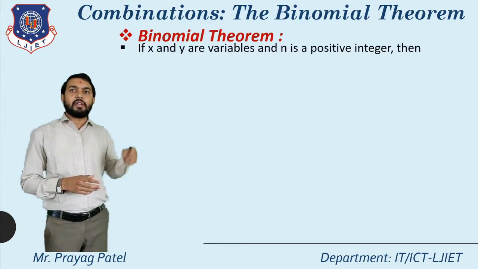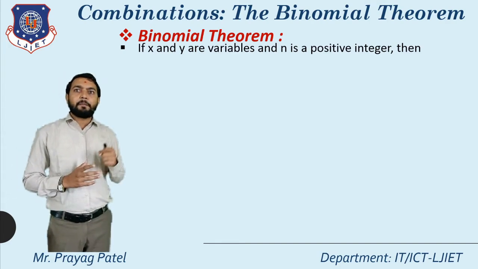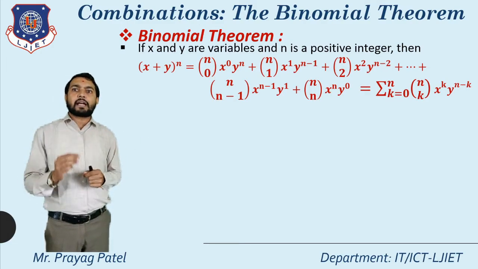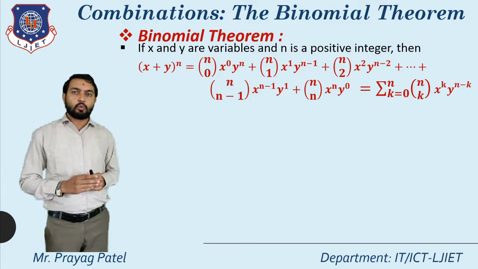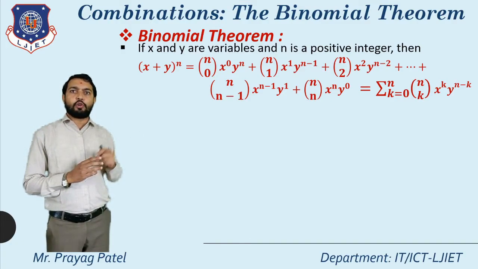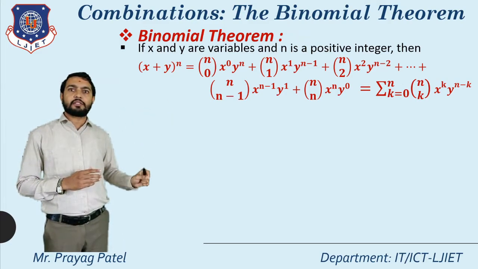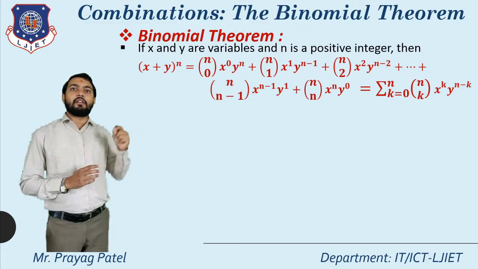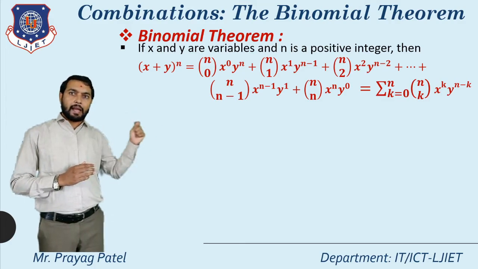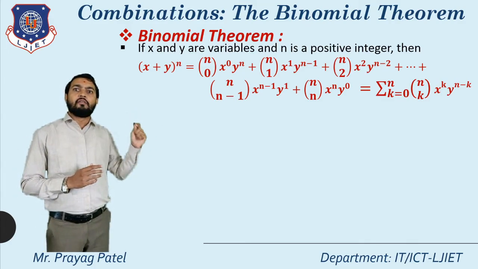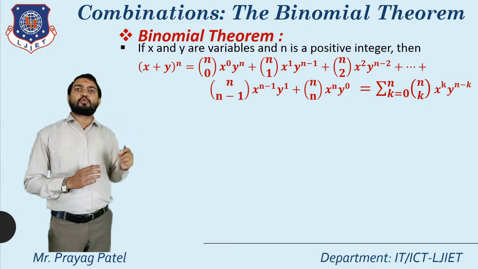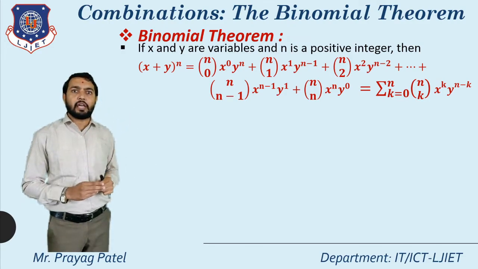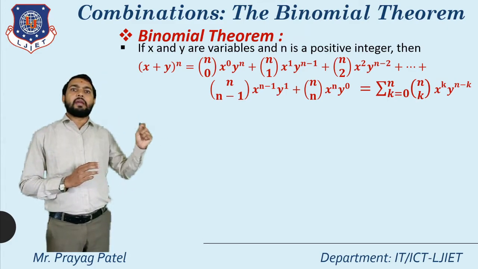Now here the main theorem is the binomial theorem. In the binomial theorem, if x and y are variables and n is a positive integer, then we write the binomial theorem like this: (x plus y) raised to n is equal to nC0 x raised to 0 y raised to n plus nC1 x raised to 1 y raised to n minus 1 plus nC2 x raised to 2 y raised to n minus 2, up to nC(n minus 1) x raised to n minus 1 y raised to 1 and nCn x raised to n y raised to 0, which is equal to sigma k equal to 0 to n of nCk into x raised to k y raised to n minus k.